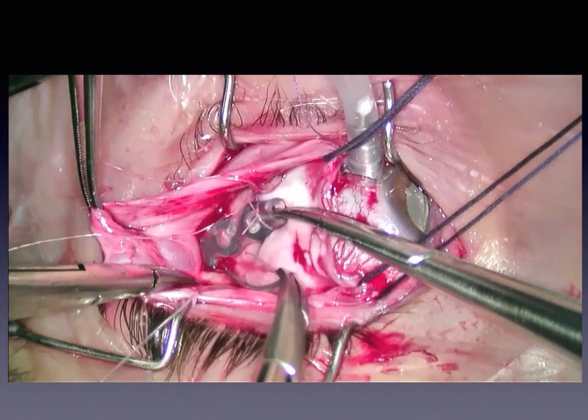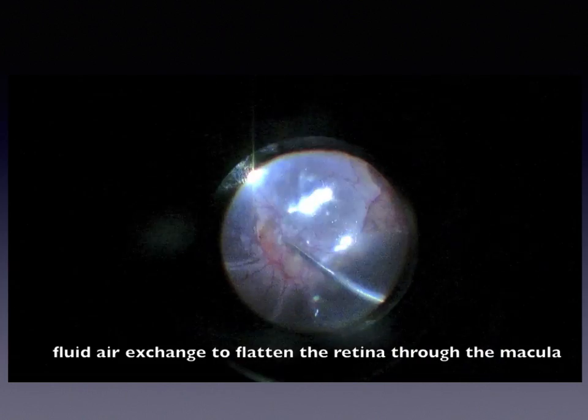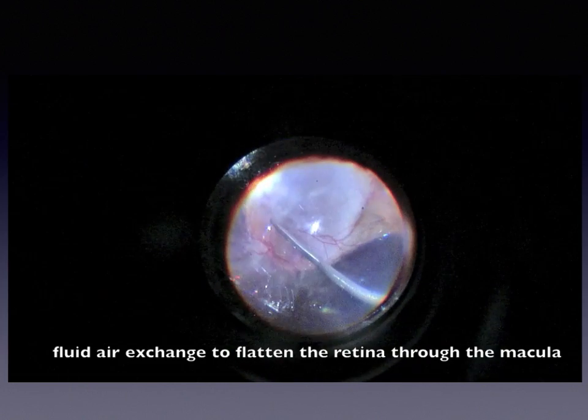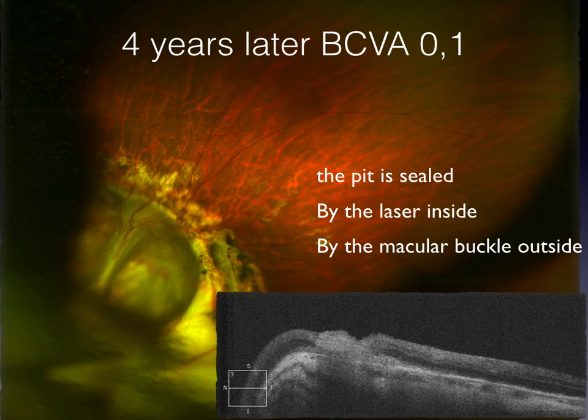And then I completed the surgery with the peripheral vitrectomy. I left the lens in place and then I exchanged with air through the hole. And you can see the retina reattached and it remained reattached for at least 4 years. This has been the follow-up.